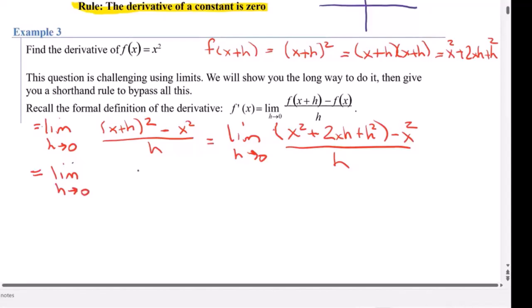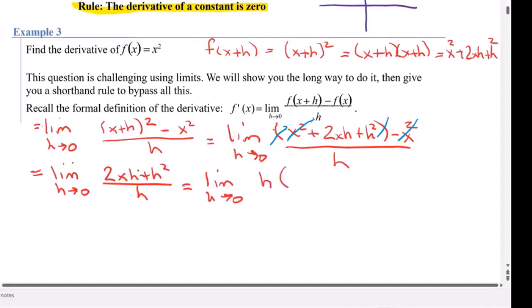Well, usually I would say take your parentheses off first, but there's nothing to do to these. We could just actually cancel the parentheses. They're not important. And then we can say x squared minus x squared is 0. So we get just 2xh plus h squared over h, which equals the limit as h approaches 0.